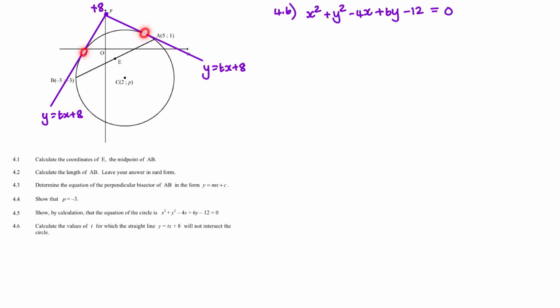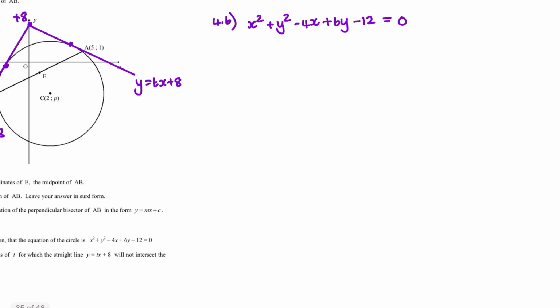So we will get to the not intersecting part in a moment. But for now, what we know is that we can replace y in the equation of our circle with tx plus 8, because at these points of intersection, the line would be equal to the circle. So let's quickly do that.